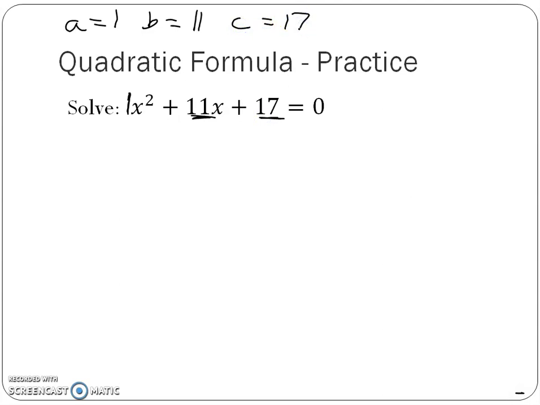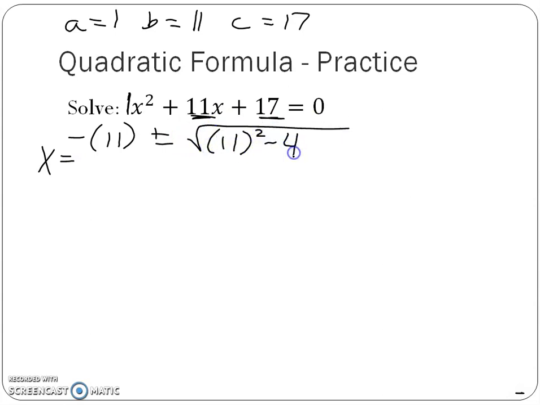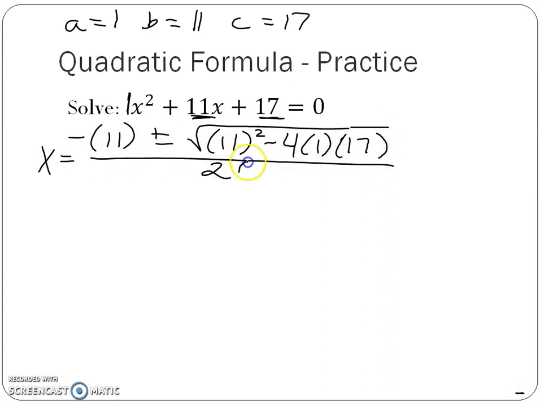So I'm going to remember my quadratic formula. X equals negative b plus or minus the square root of b squared, so 11 squared, minus 4 times a, which is 1, times c, which is 17, all divided by 2 times a, which is 1 again.